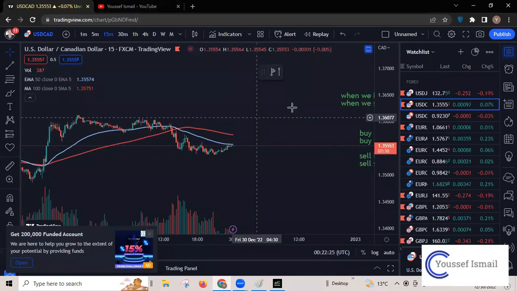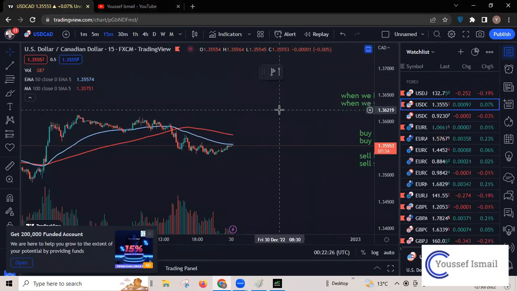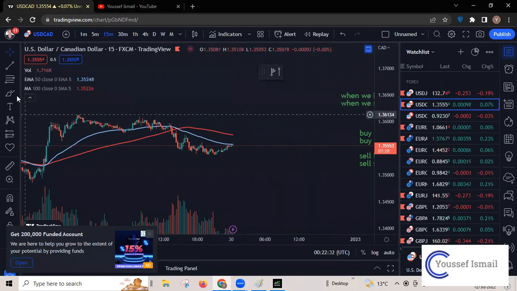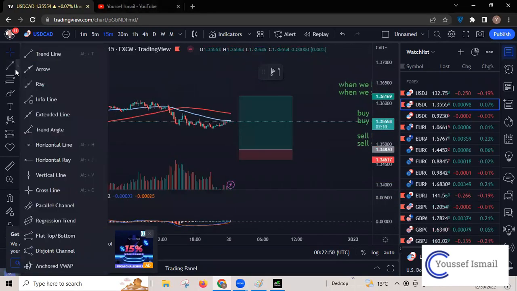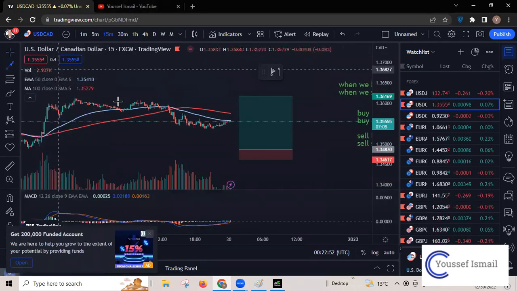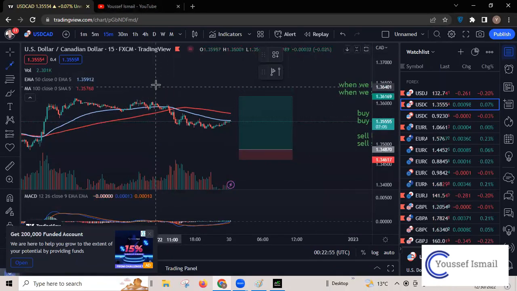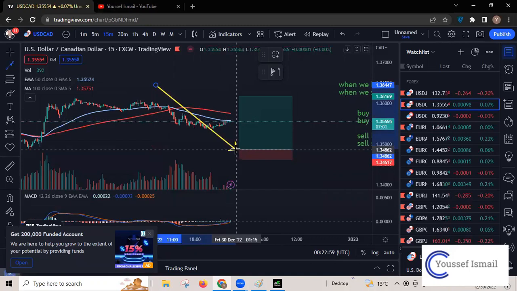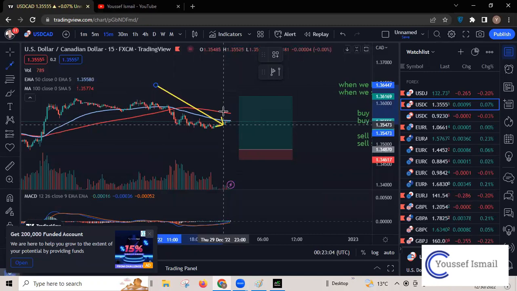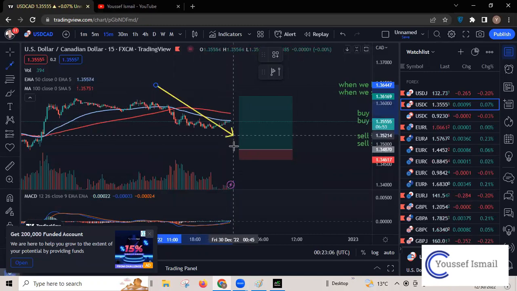Let us agree that in a buy situation, we are predicting that the price is going higher or going up. So now, in case of a buy limit order, always the current price will be higher than the entry price. So as you see here, the current price is there, and the entry price for the trade is there. So always in a buy limit, the current price is higher than the entry price.